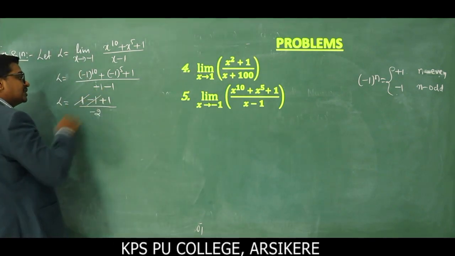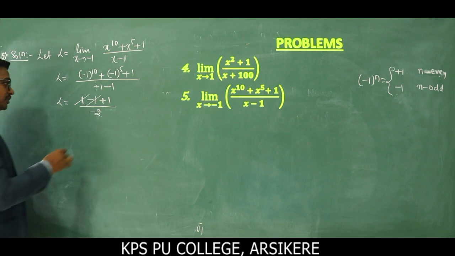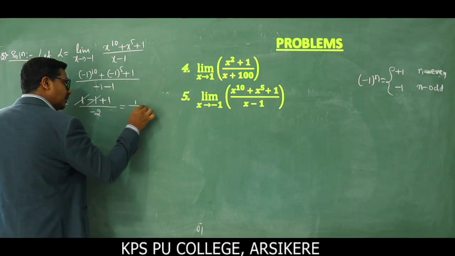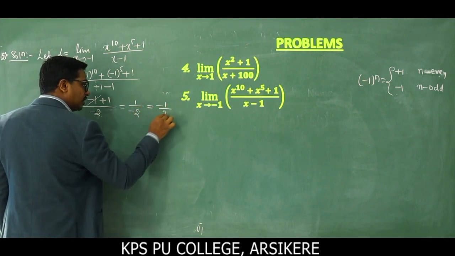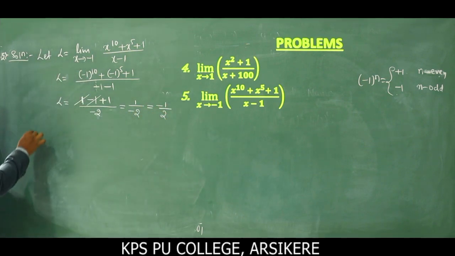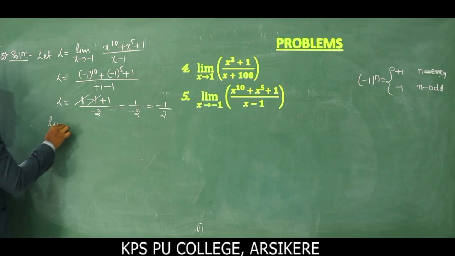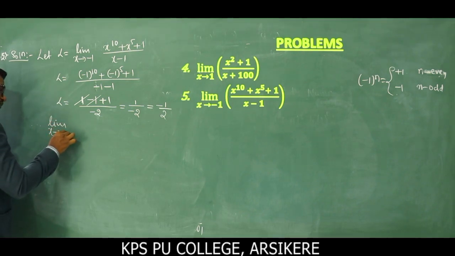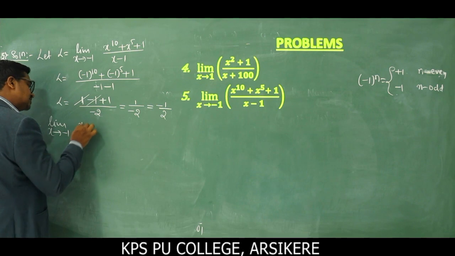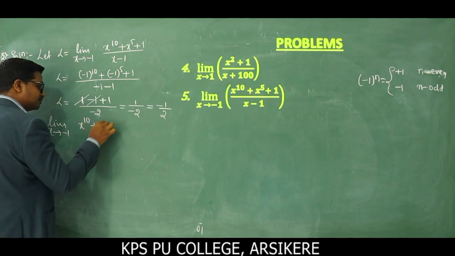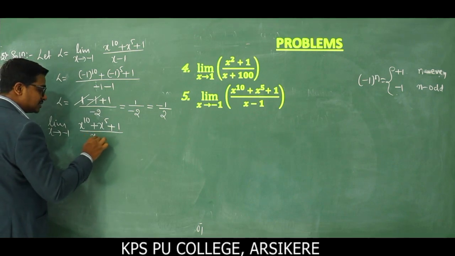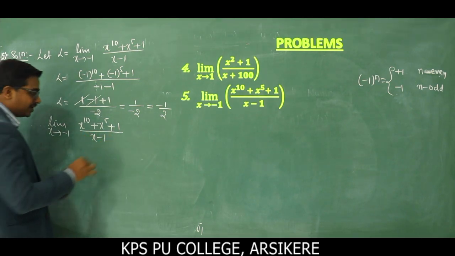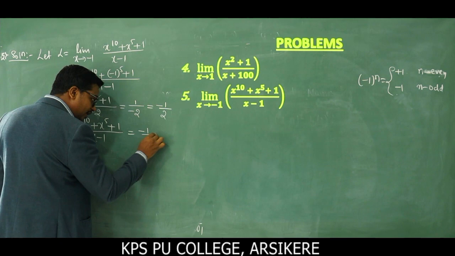Here plus 1 and minus 1 get cancelled. So what happens here? 1 divided by minus 2, or you can write this as minus 1 divided by 2. Therefore the limit as x approaches minus 1 of (x to the power 10 plus x to the power 5 plus 1) whole divided by (x minus 1) becomes minus 1 divided by 2.